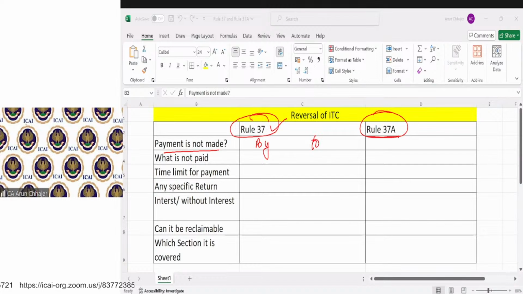So the first is agreed. In Rule 37, if the recipient is not making the payment to the supplier, then the ITC needs to be reversed, by recipient to supplier. What about 37A?